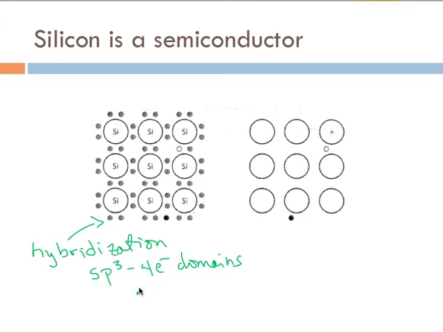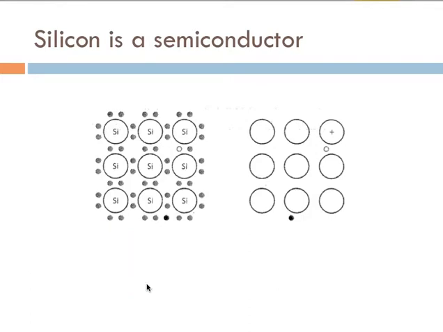Equally spaced, 109.5 degrees. So under normal conditions, because of that covalent bonding, it's not a good conductor, okay? Semiconductor. Doping it makes it a better conductor. Sorry, just wanted to do a little flashback for you.